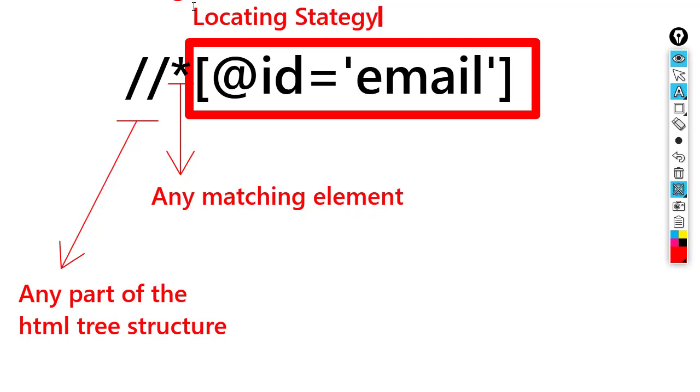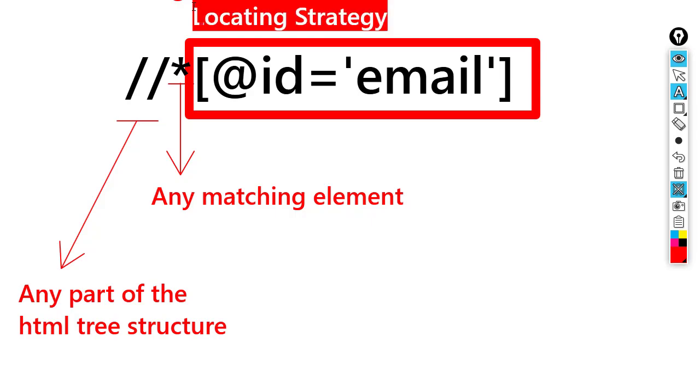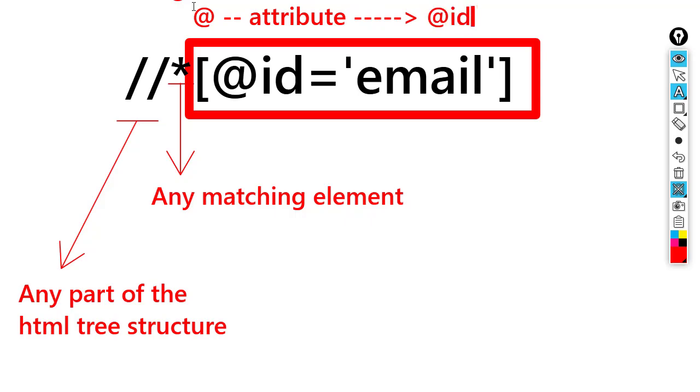But over here for XPath, this is something which would allow us to find the element. For example, @ means attribute name, right? This means that say @ID, as you can see on the screen, or @name, or @class, right?